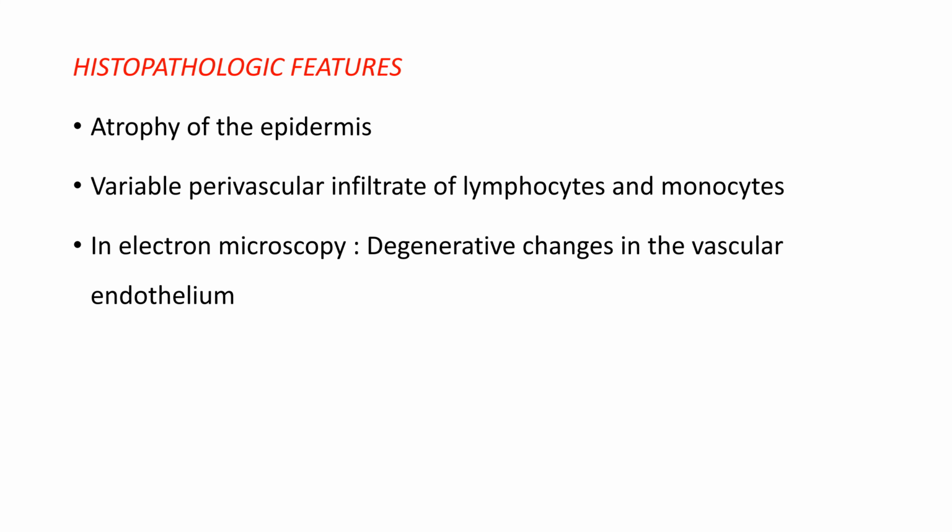These are light microscopical features. In light microscope, you see the atrophy of the epidermis and an infiltration of lymphocytes and monocytes. But in electron microscopy, you see degenerative changes in the vascular endothelium.